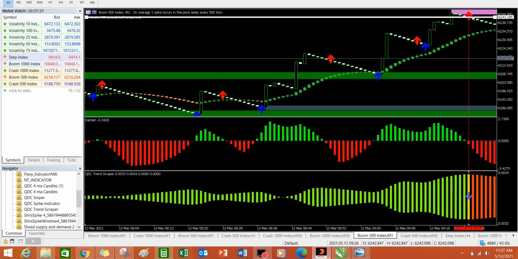In my next video I'm going to show you how you can trail it up to the very last point. This will help you to milk the market successfully. But for now, I want you to have this set up on your system and practice what I have just explained. Try to identify the beginning of the trend, try to come in when the buy arrow shows up, and try to place your order. Try to identify the support level.